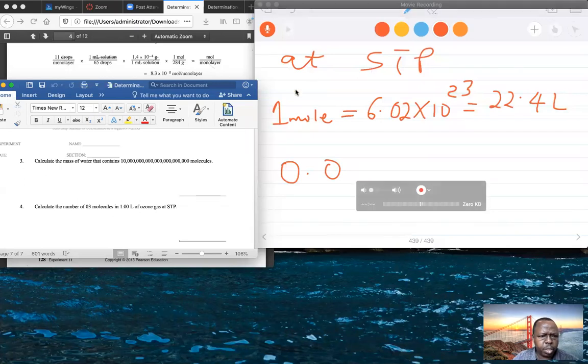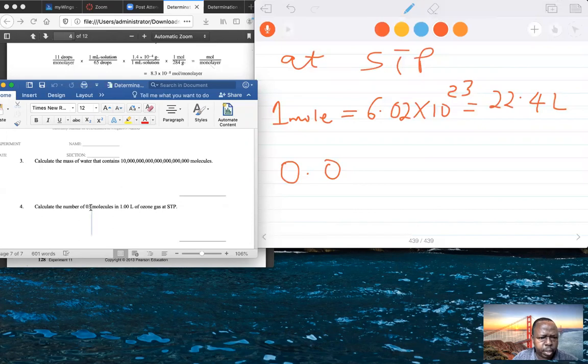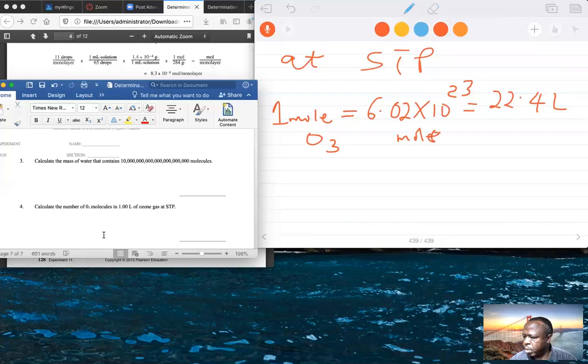This should be ozone. Calculate the number of molecules in 1 liter of ozone. This is O3. And 1 mole of O3, ozone, contains these molecules of O3, which will occupy that.